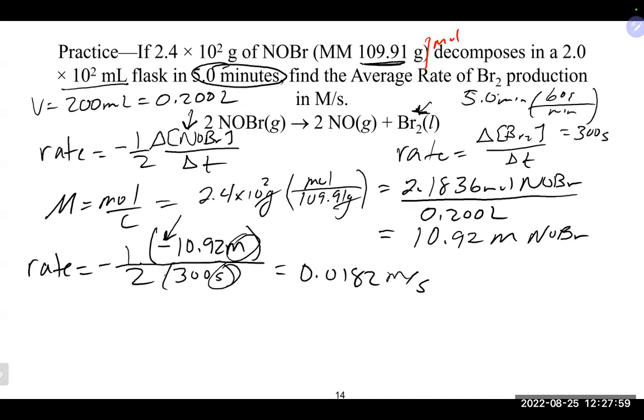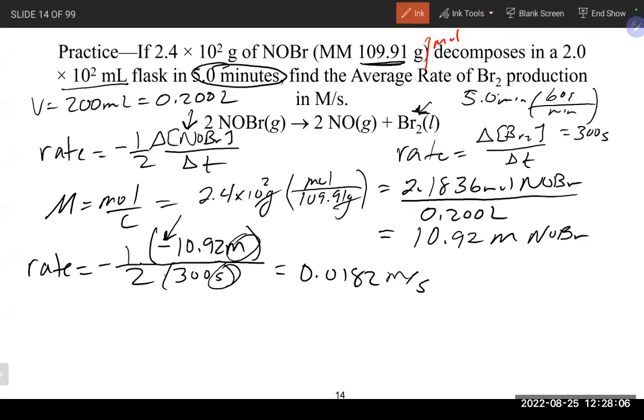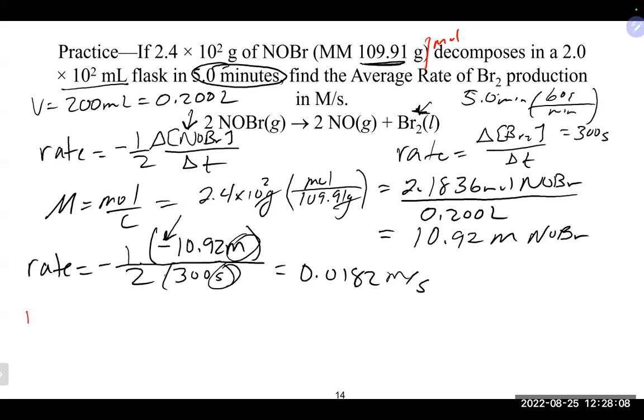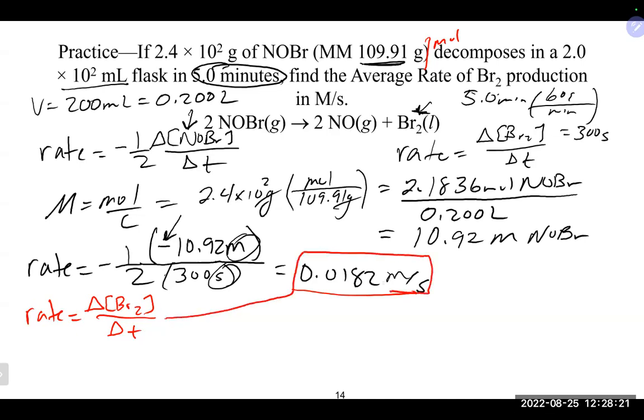Now we could use this to relate it to the Br2, and we see from our first little spot there that the rate is equal to the change in concentration of Br2 over the change in time. Since this is the rate, that would also be the answer for that, because it would just go right there.